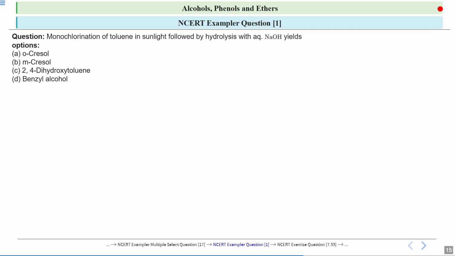So you have to first write the reaction. This reaction is taking place in two steps. Okay. So first you will write a reaction and then look at the four options. So I'm giving you some time to solve this question and then I'm going to discuss the solution. So you have 30 seconds. Your time starts now.